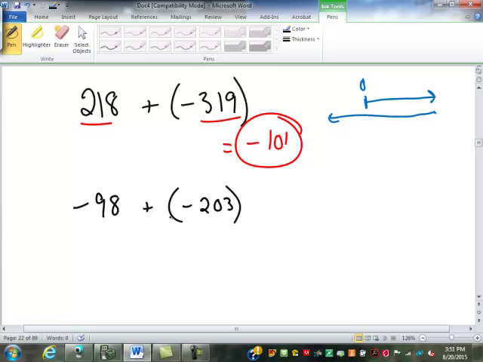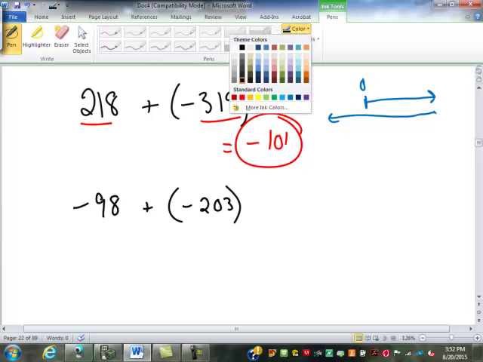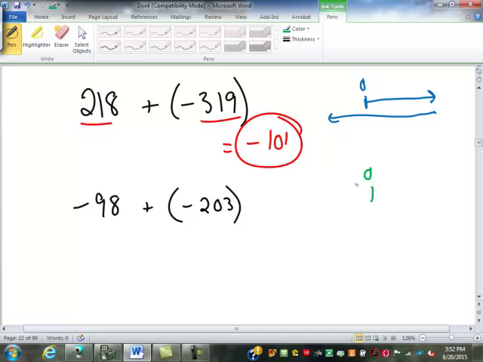Try that one. So negative 93 goes negative. Same or opposite? Same. So it gives us obviously negative 301. We add them together that time.